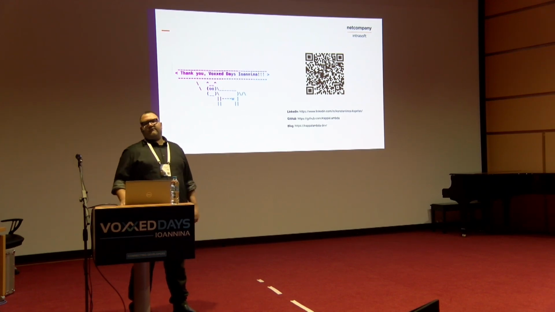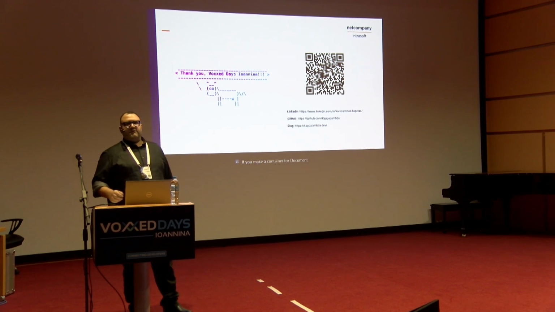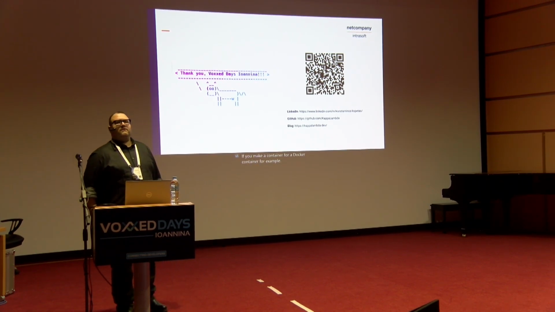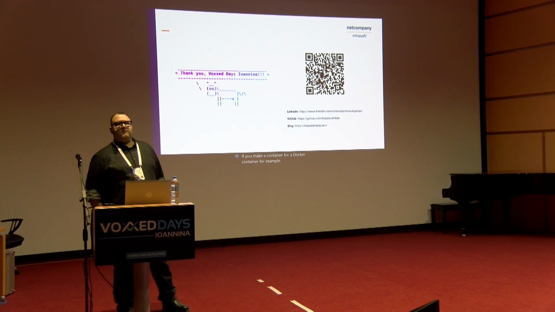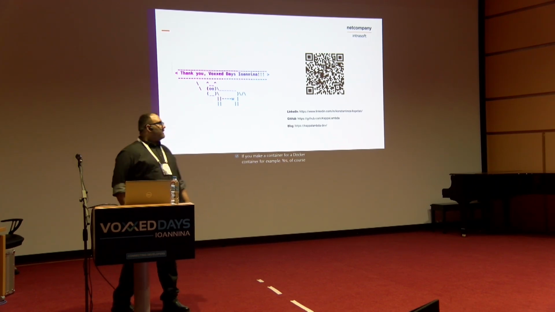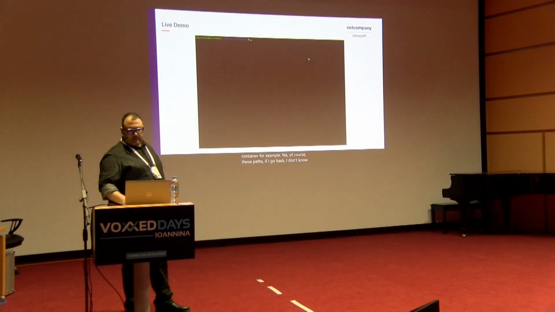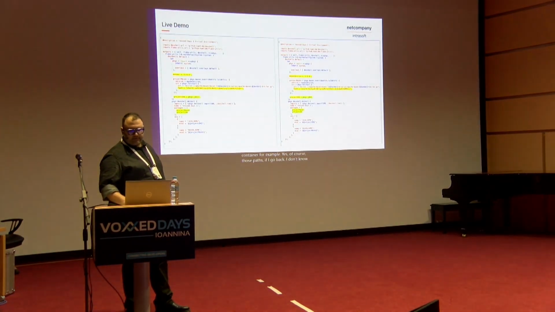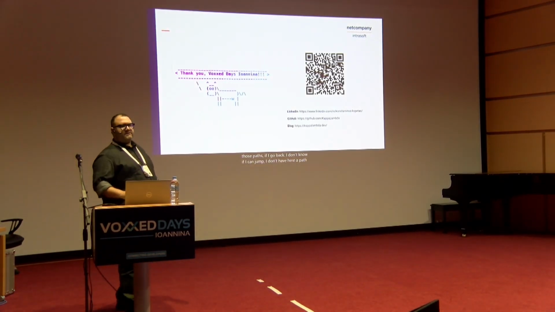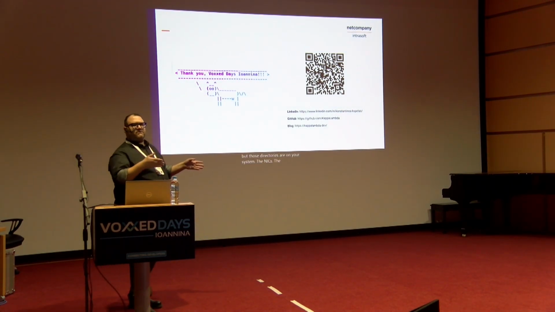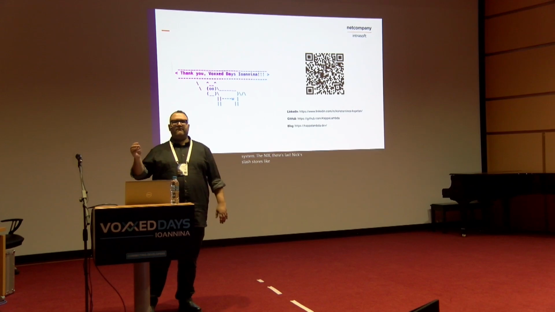If you mean a container, like a Docker container, for example. Yes, of course. There are those paths. If I go back, I don't know if I can jump. I don't have a path here, but those directories are on your system: /nix/store/hash-name of the package.